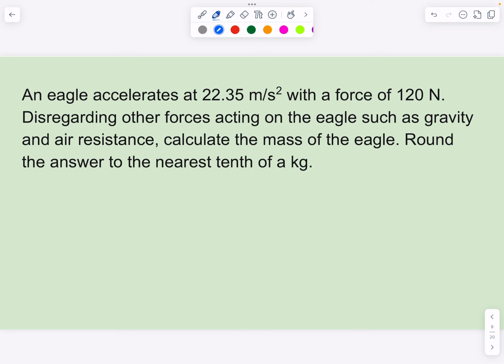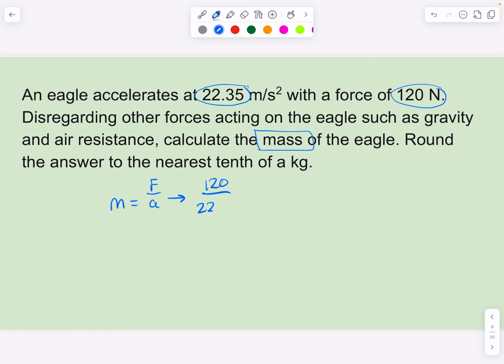Another problem we had was an eagle that accelerates at 22.35 meters per second with a force of 120 newtons. Disregarding other forces acting on the eagle, such as gravity and air resistance, calculate the mass of the eagle. Our formula for calculating mass is that mass equals the force divided by acceleration. So our force was 120.